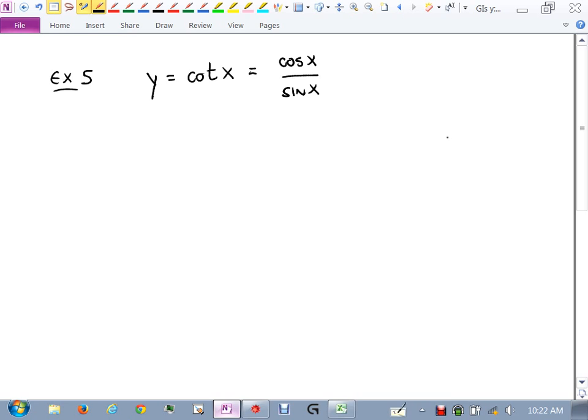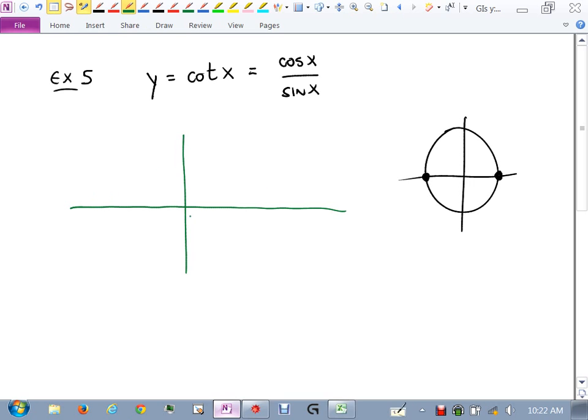And where is sine 0? Where is sine 0? Here and here, right? 0 and pi, so k pi again. That's where we're going to have problems. So I'm going to come over here to a graph. 0, let's say at pi.